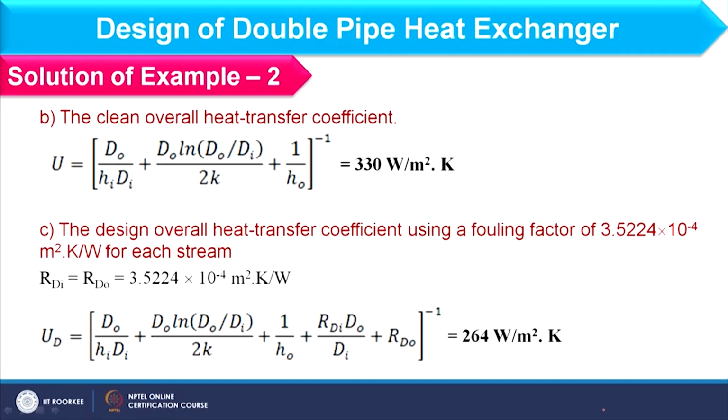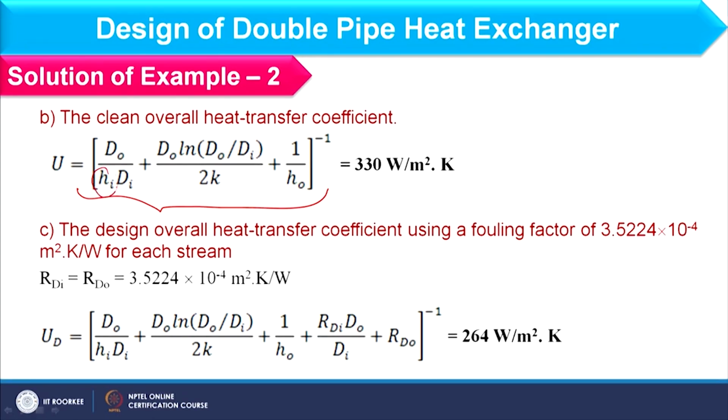Next parameter we have to calculate is the clean overall heat transfer coefficient. So, clean overall heat transfer coefficient, it means what? We have to use only 3 terms, which include the heat transfer coefficient at inner pipe, the heat transfer coefficient in annulus side, and the material of inner tube. So, here you can simply use this expression of overall heat transfer coefficient at clean condition.